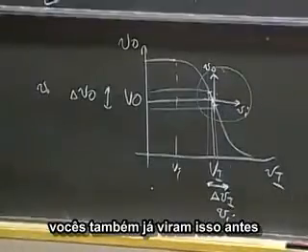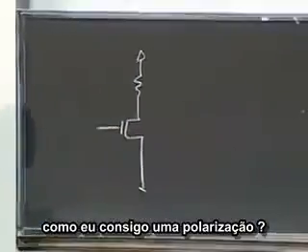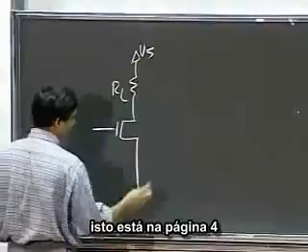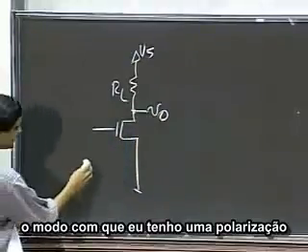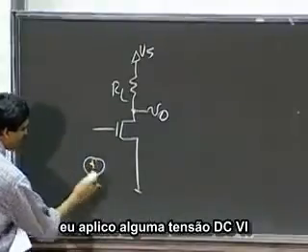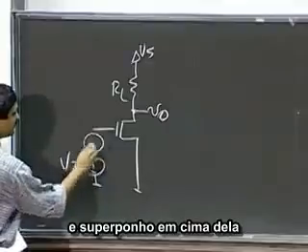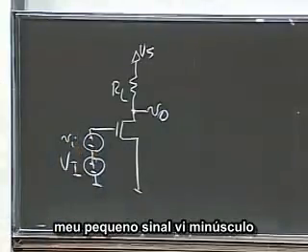So you've also seen this before. How do I get a bias? So this is my amplifier, RL and VS. This is page 4. V naught. Okay, the way I get a bias is I apply some DC voltage VI and superimpose on top of that my small signal, small vi.